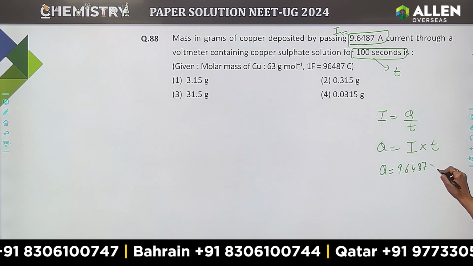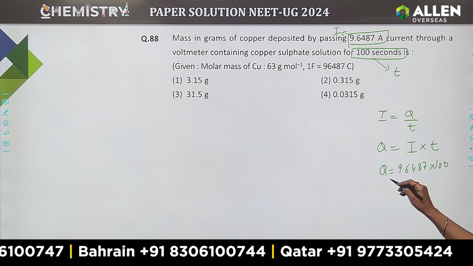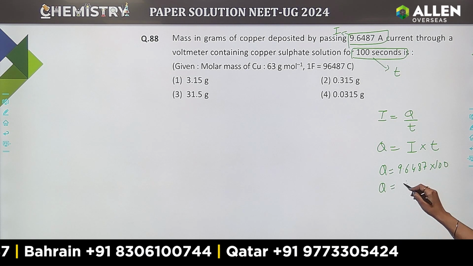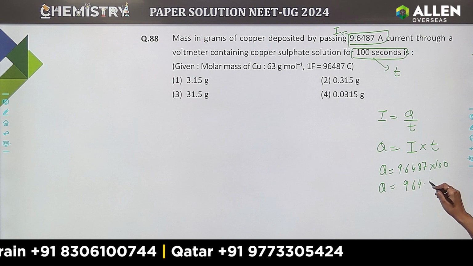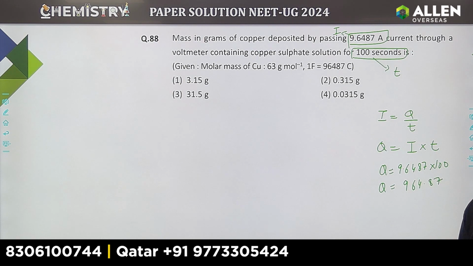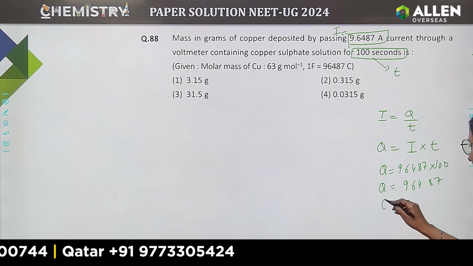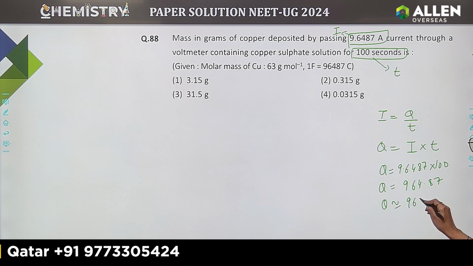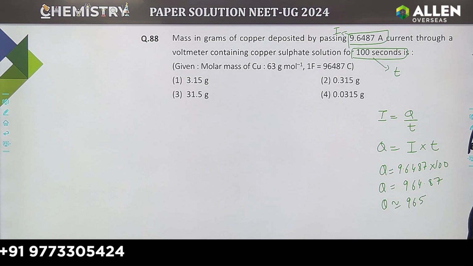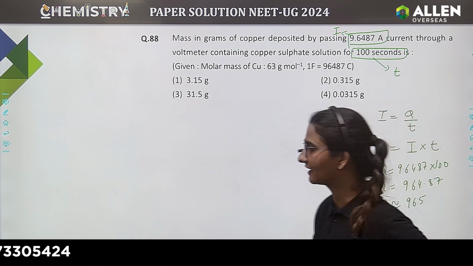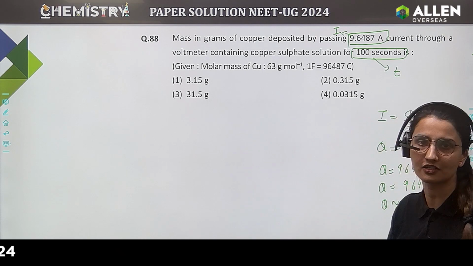What is the time? Into 100. So your Q is equal to 964.87, which I can take approximately as 965 only. Correct? You know that this Q is charge.